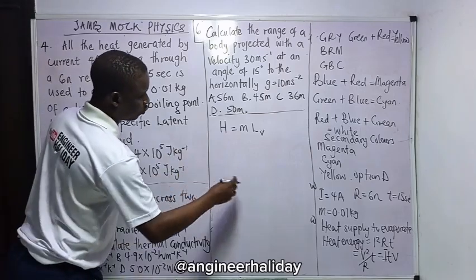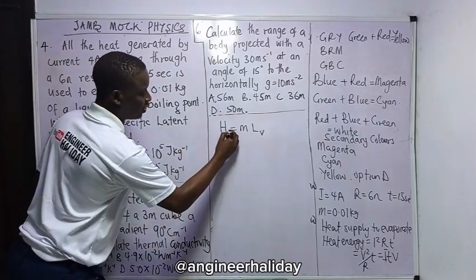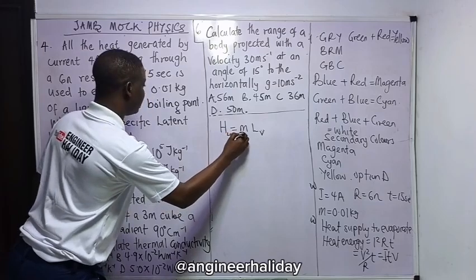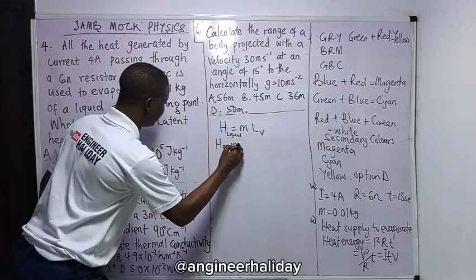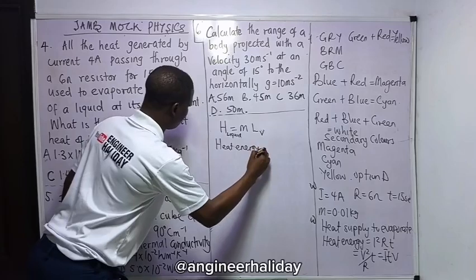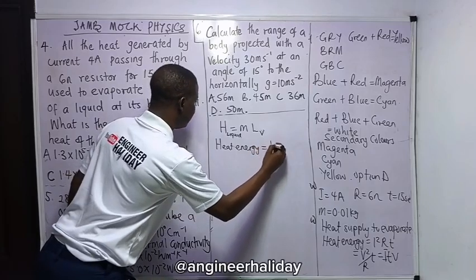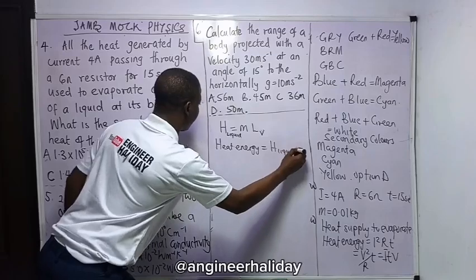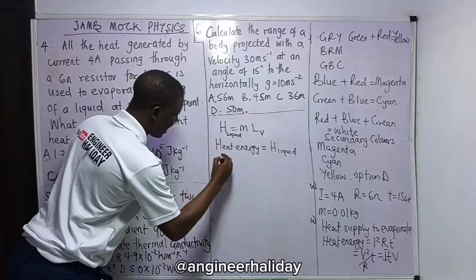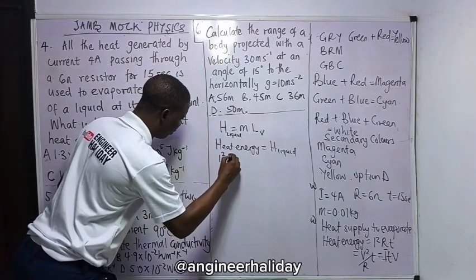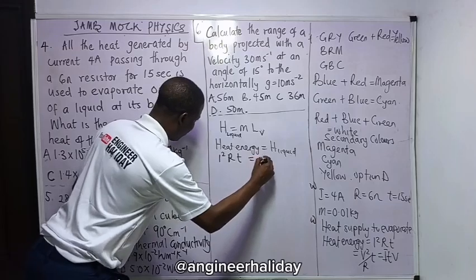Now we are going to equate the two of them. This is for the liquid and this is for the heat. So I'm going to say the heat energy is equal to the heat due to the liquid to evaporate the liquid, which is L. So we are going to have I squared R T equals m L.